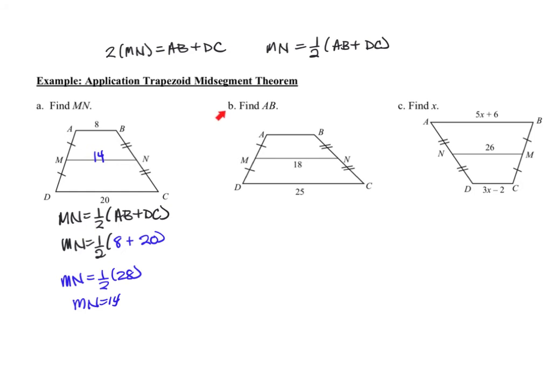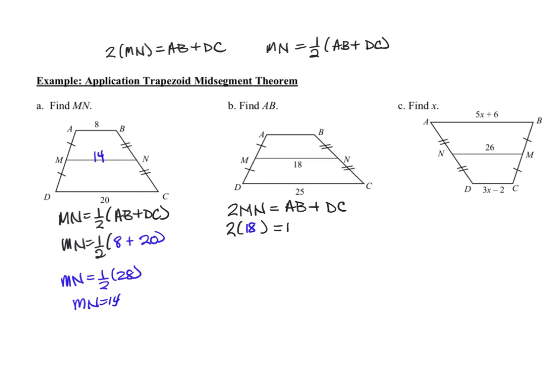Let's take a look at letter B. Now we're trying to find the length of the base. And since I don't know the length of the base, I'm not going to use this formula because I don't know if this is an even or an odd number. So I'm going to stick with 2 times the midsegment is equal to one base plus the other base and fill in all the information I know. So I know that the midsegment of MN is 18.